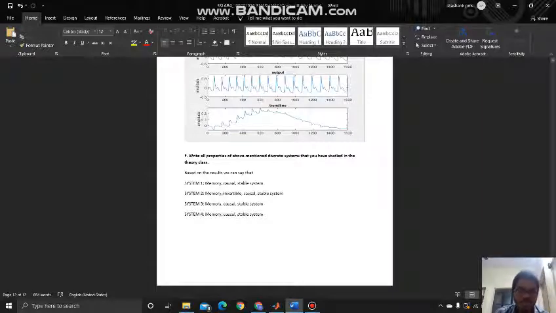Systems 3 and 4 are also memory, causal, stable systems. System 2 is the invertible system. It is also a moving average system.